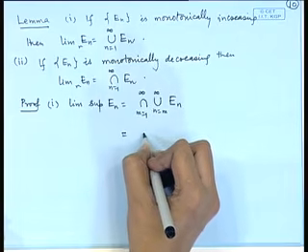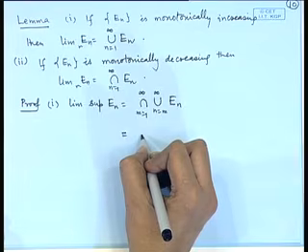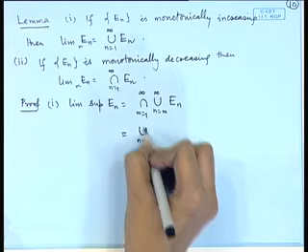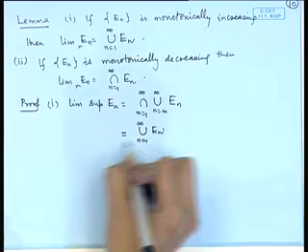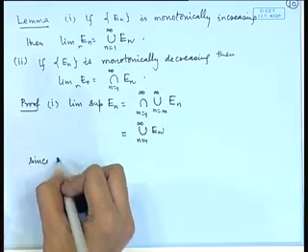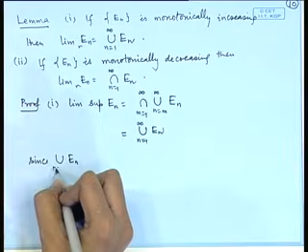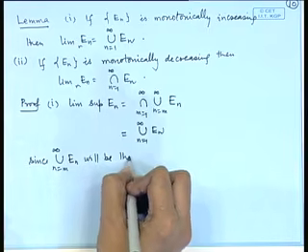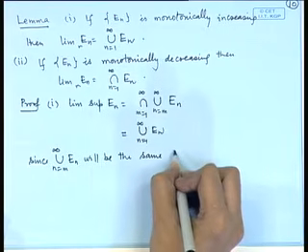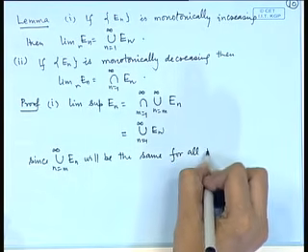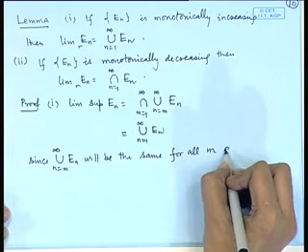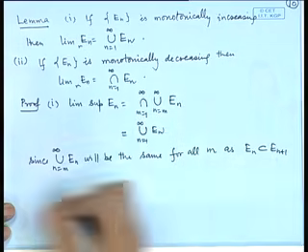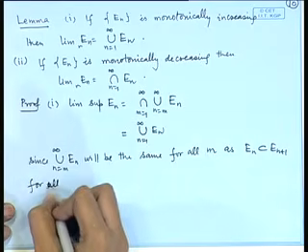This will be equal to simply the union for n equal to 1 to infinity, since the union of E n, n is equal to m to infinity, will be the same for all m, as E n is a subset of E n plus 1 for all n.